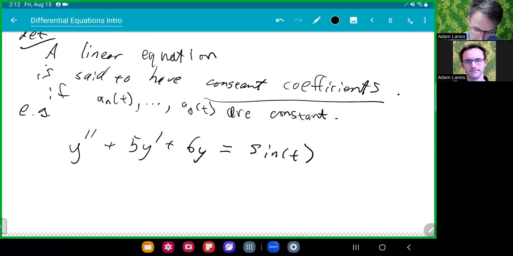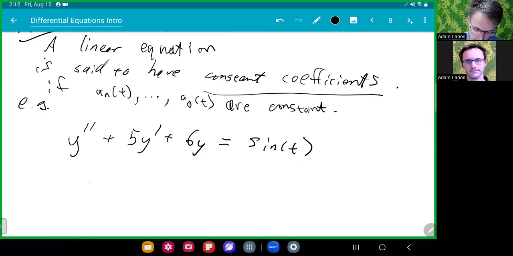So this is an example of an equation which, first of all, is linear. Maybe put these in red. Linear, second order. It's linear because the y's are occurring in the standard way of a linear equation.